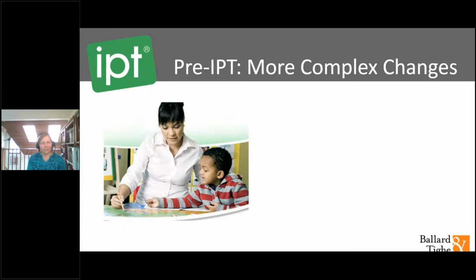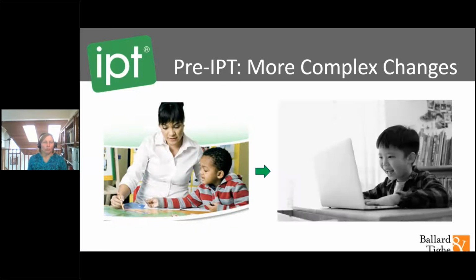Now, when we move this test to the remote situation, we have to make many more changes. We briefly considered making a digital storyboard, but we decided against it because there were too many things that could go technically wrong.